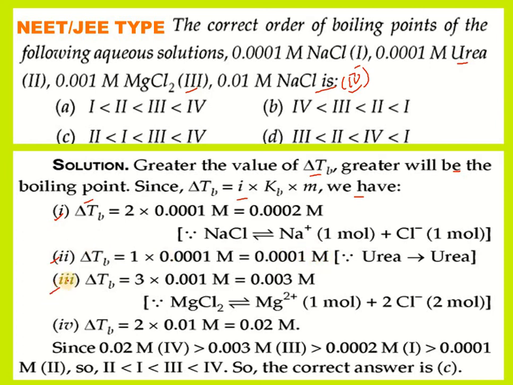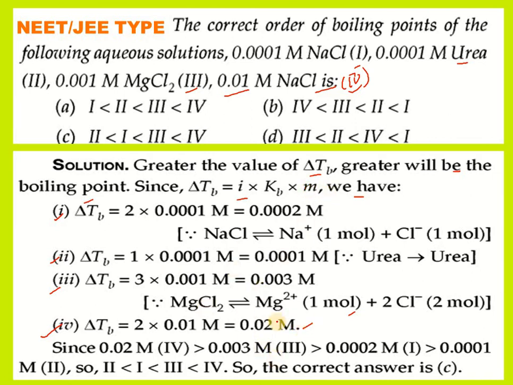Moving to magnesium chloride, 3 particles are coming from it, so that value is 0.003. While for NaCl with the different concentration 0.01, you get 0.02.